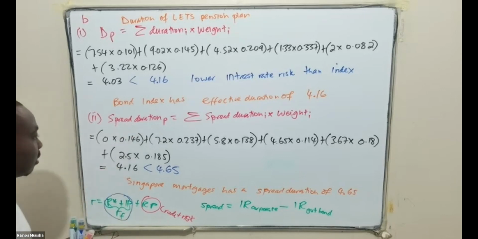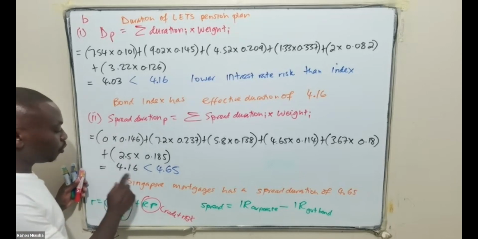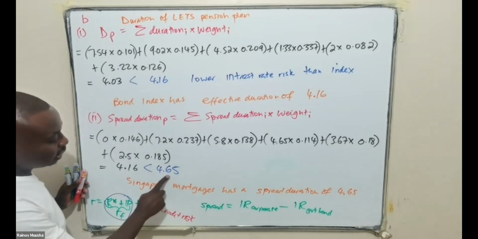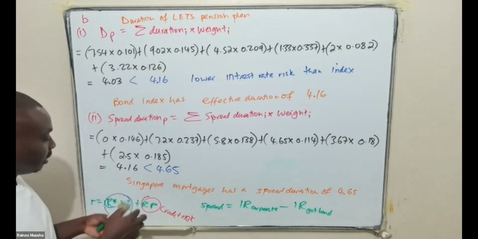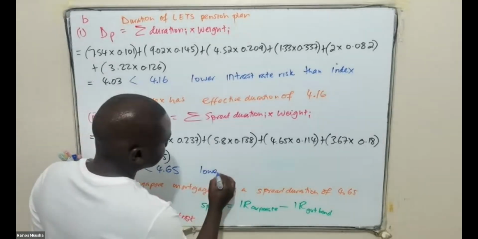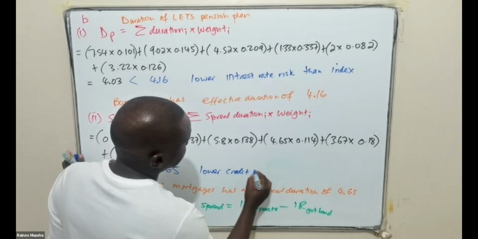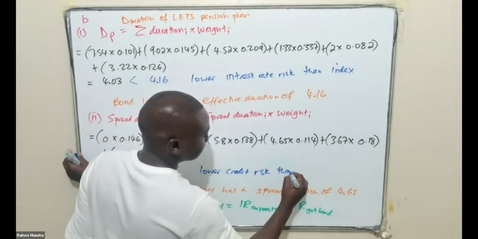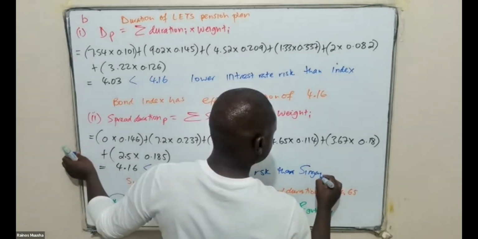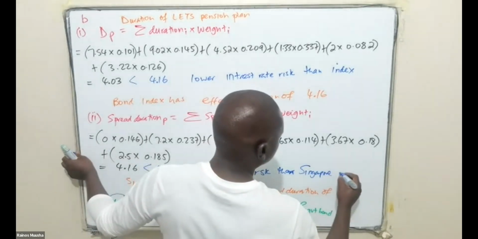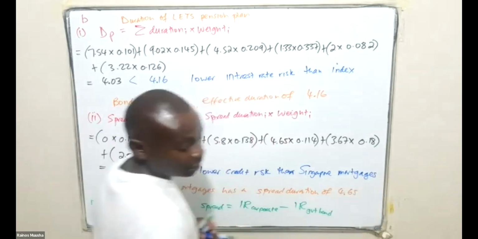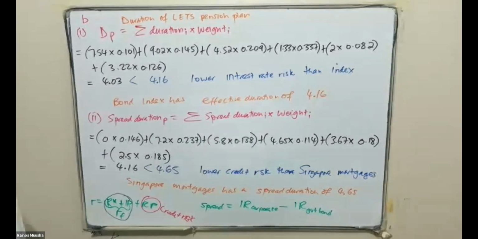So what do we see? Our spread duration of the portfolio is 4.16, and the spread duration of the Singapore mortgages is 4.65. So what does that mean? It means our portfolio has lower credit risk than the Singapore mortgages.